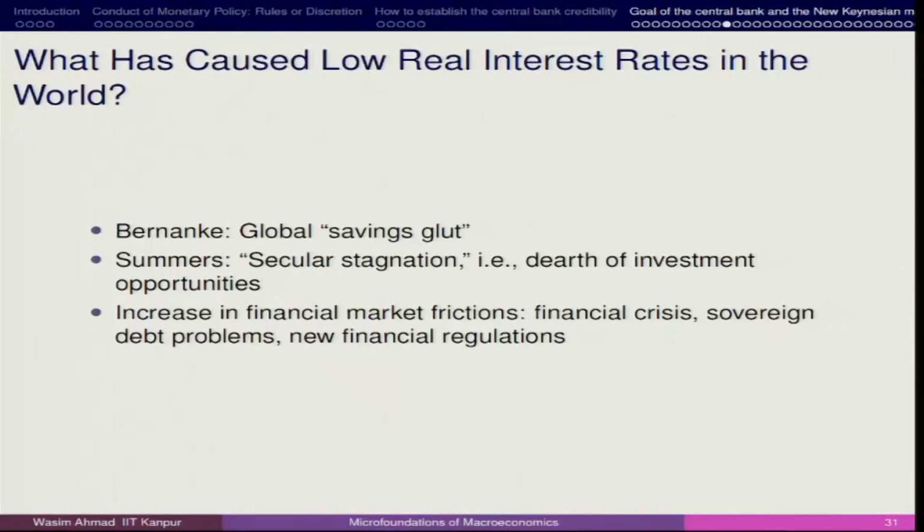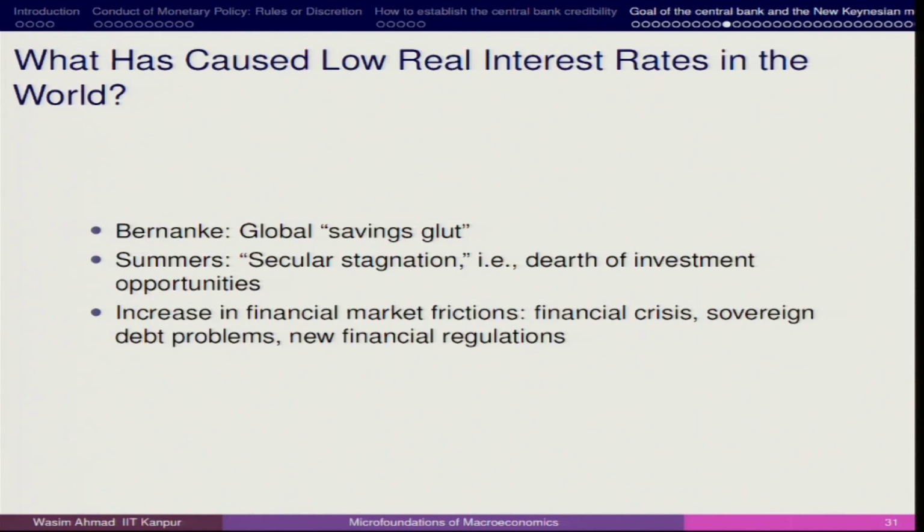Summers added the dimension of secular stagnation, in the sense that if the economy is facing very uncertain scenarios and unprecedented shocks, individuals and agents are thwarted by macroeconomic destabilization or instability.